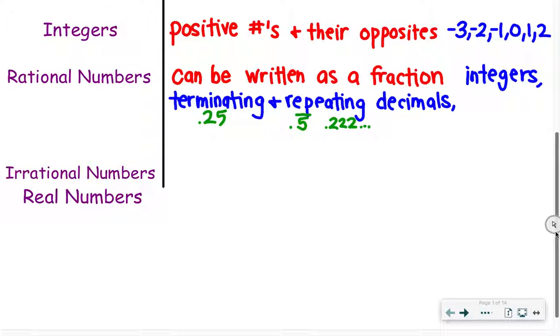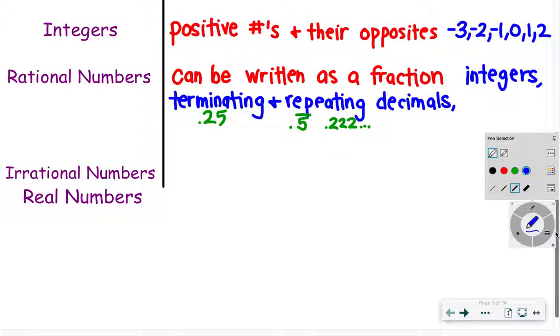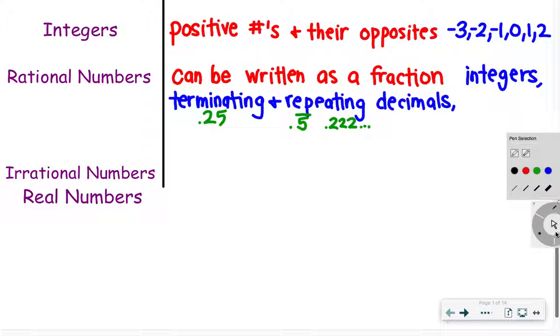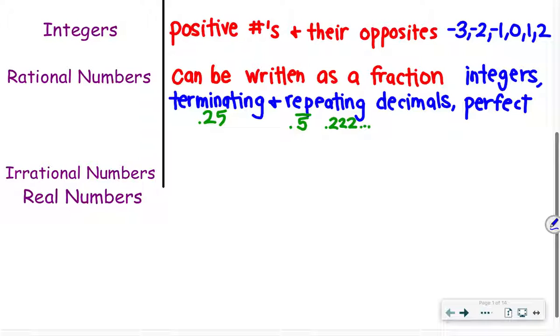Other things that are rational are perfect square roots. So for example, the square root of 36 is 6. So that's a perfect square root. And then obviously fractions.